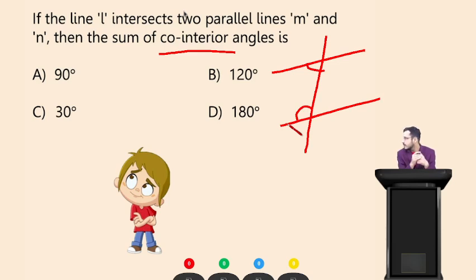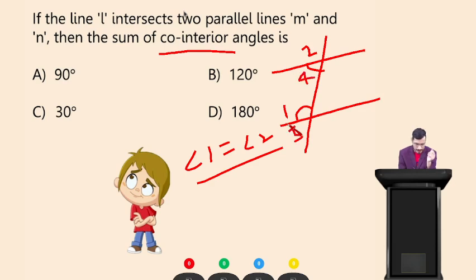Let's suppose angle 1 and angle 2 are equal, two parallel lines, and angle 3 and angle 4 are equal.